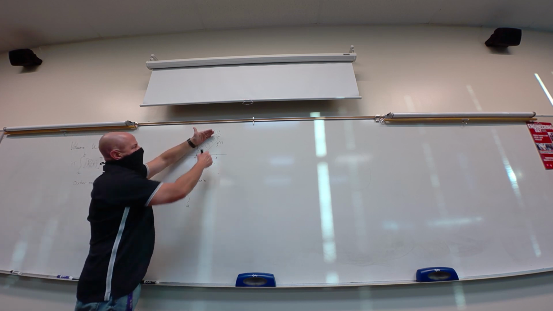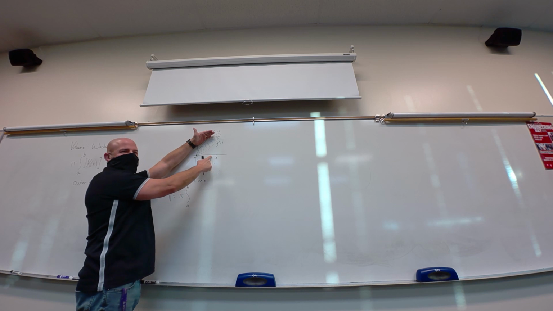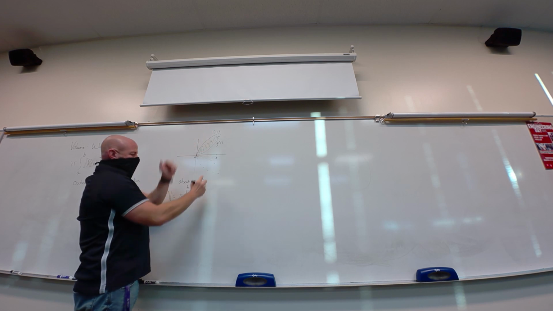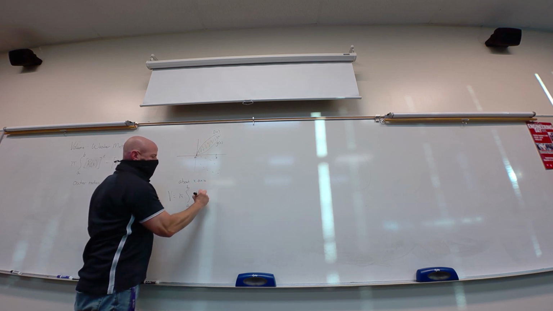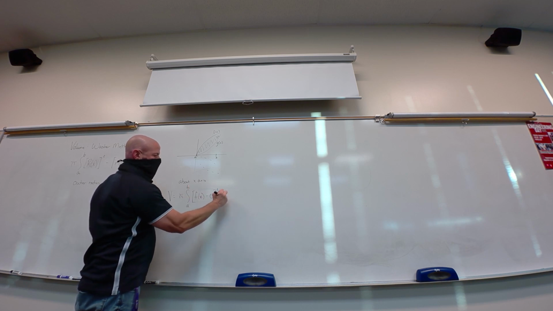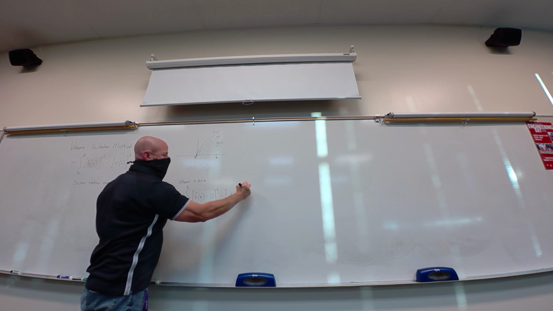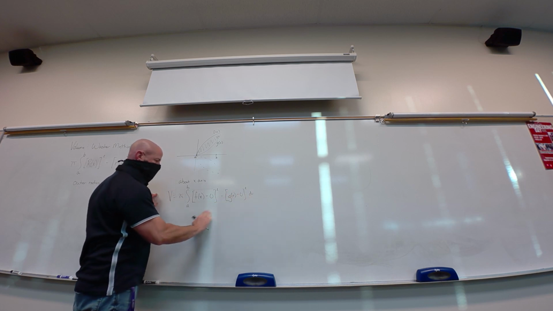So F to 0 is going to be the largest part of the radius. The inner radius would be G to 0. So we're going to have f of x minus 0 squared minus g of x minus 0 squared dx.